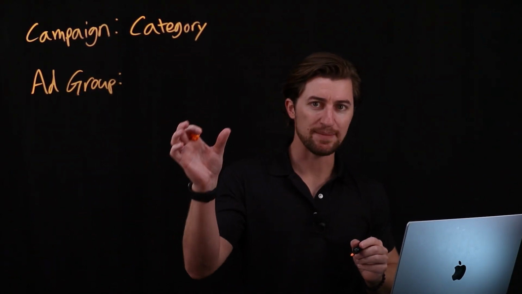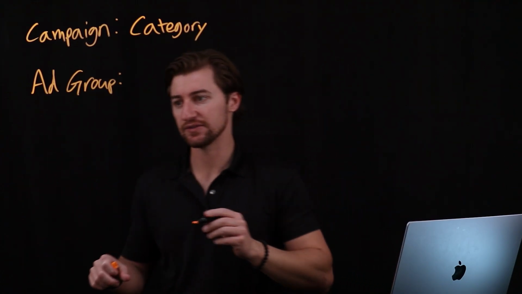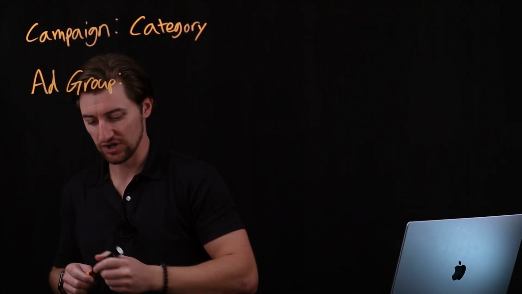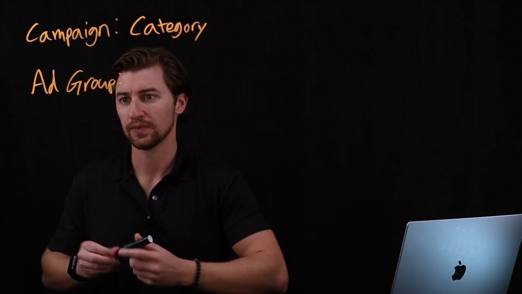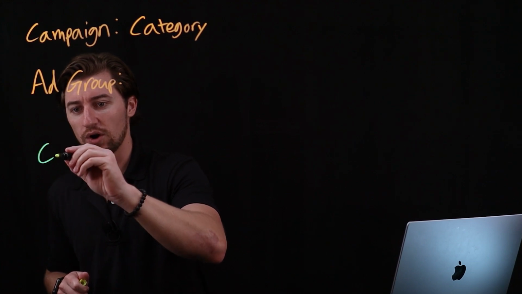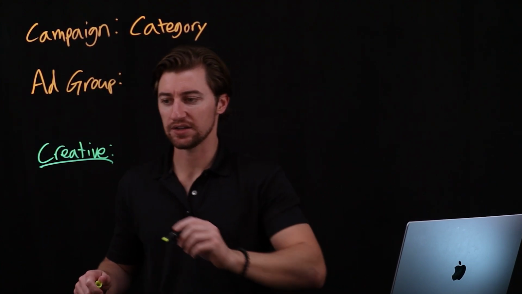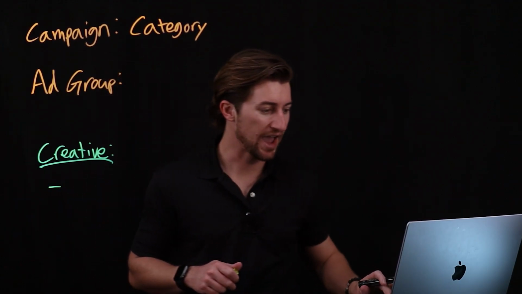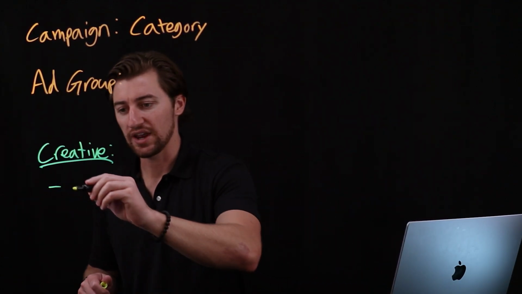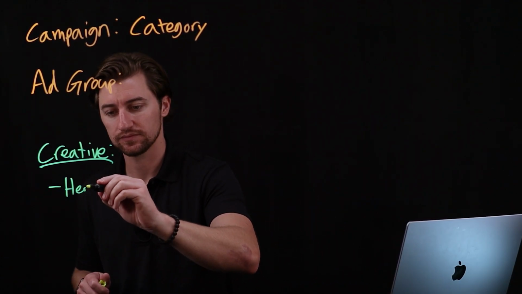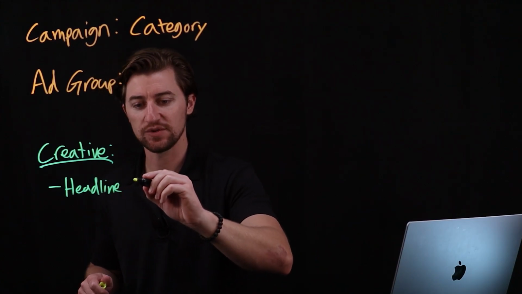But before we really do that, we're going to talk about the variables that could go into the creative. So let's actually come down here, and I'll change markers really quickly just for fun. If we are considering the variables that go into the creative, there's a few items that we have the ability to change. We can have the headline, which is basically just going to be your text.